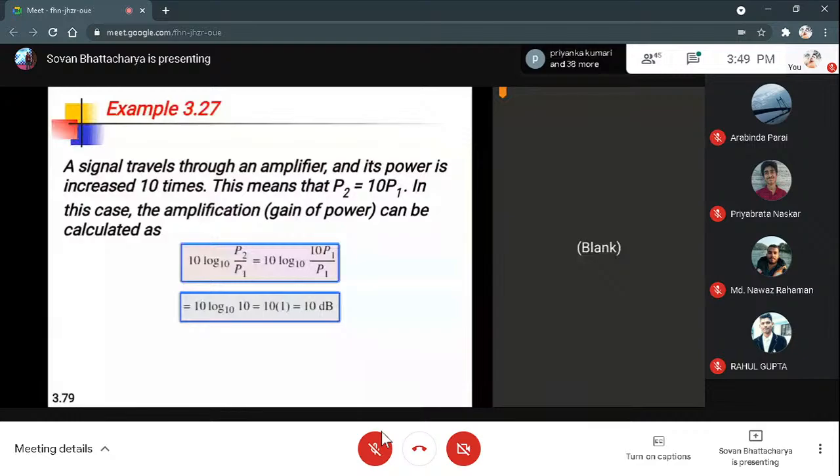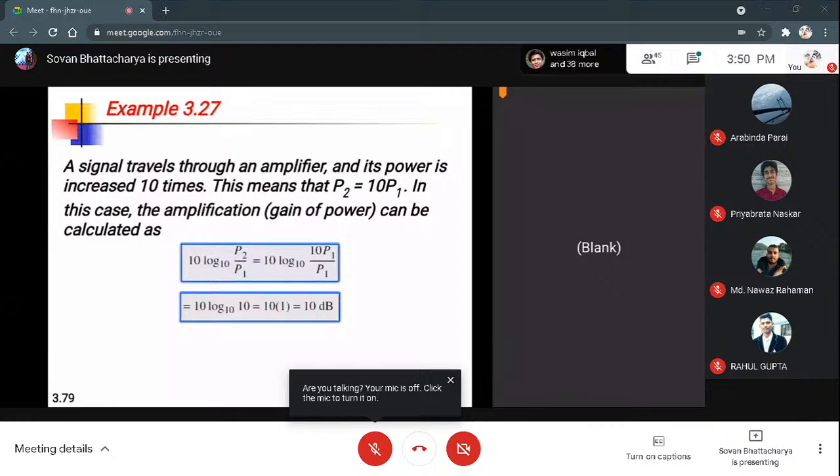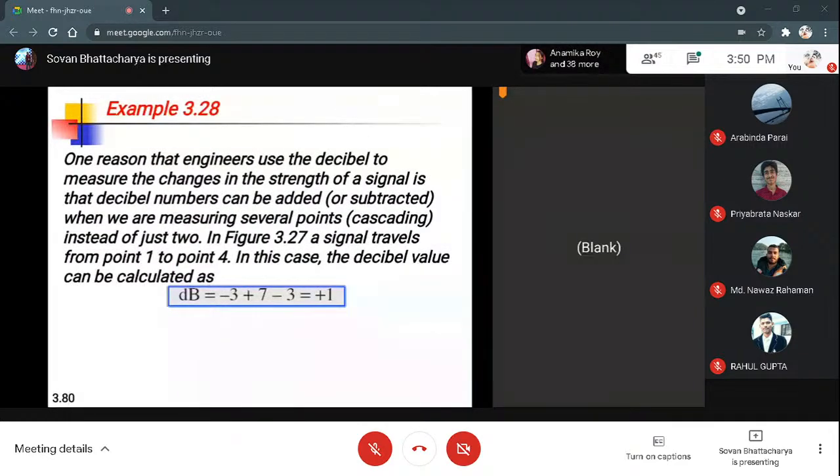In this example, 10 log base 10 of P2 by P1, here P2 equal to 10 P1. So I put in place of P2, that is 10 P1 by P1. So that is 10 log base 10 of 10. Log 10 of 10 is 1. So that is 10 dB, 10 decibel.